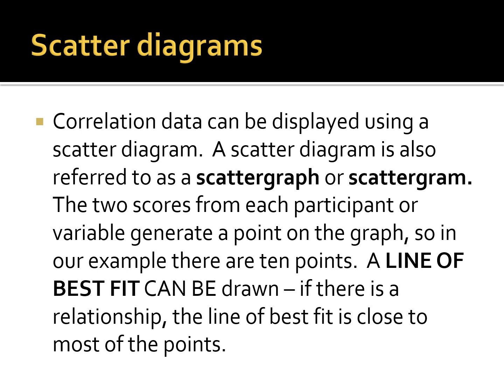So the 2 scores from each participant on the covariables are drawn together to generate a point on the graph. A line of best fit can be drawn through the middle to see how far those scattered plots of covariable scores actually fit in terms of their closeness to the correlational line.